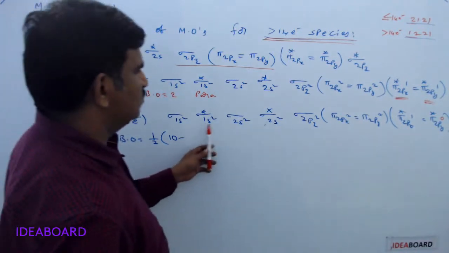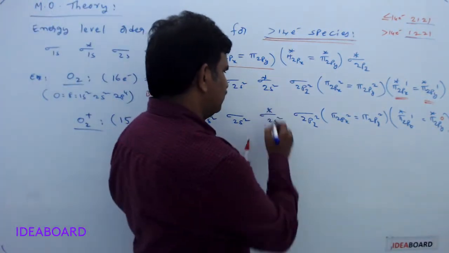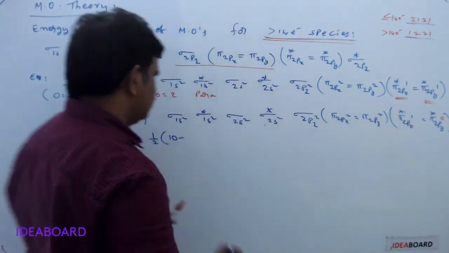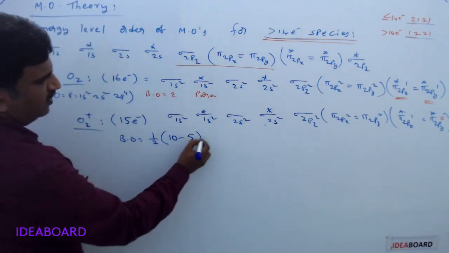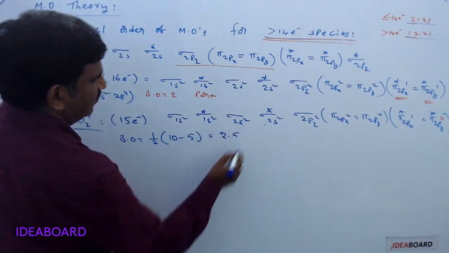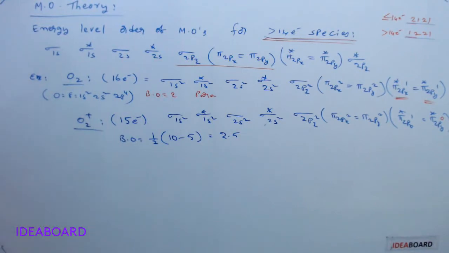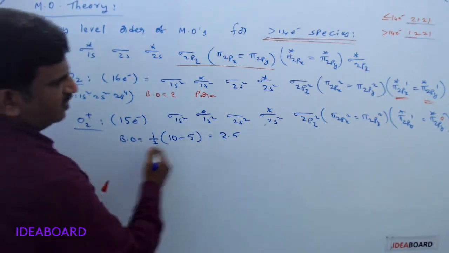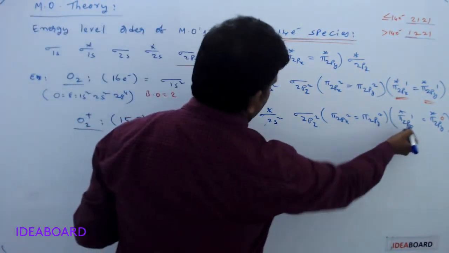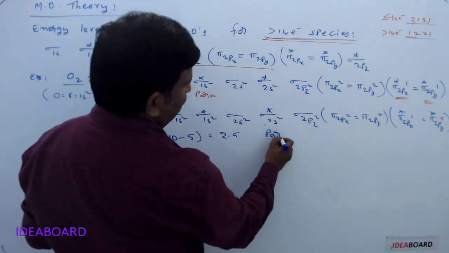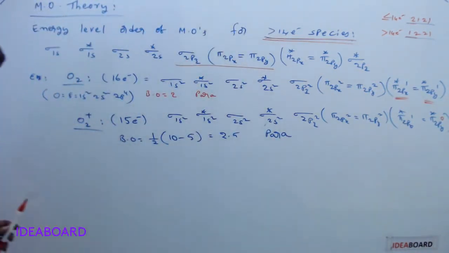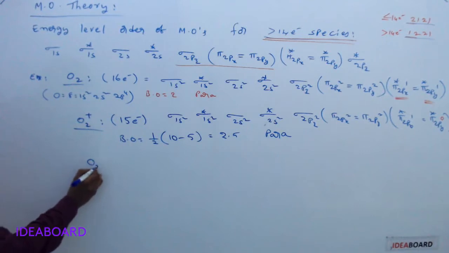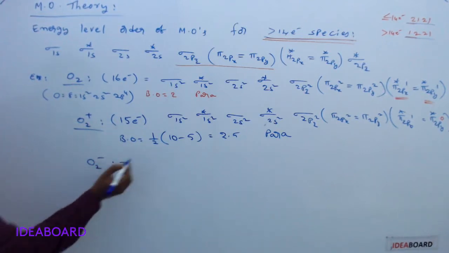Anti-bonding electrons are 2, 4, and this is 1. So 10 minus 5, divided by 2, is 2.5. Okay. Next, is it paramagnetic or diamagnetic? Because it has one unpaired electron, it is also paramagnetic. Next, I am going to O2 minus.